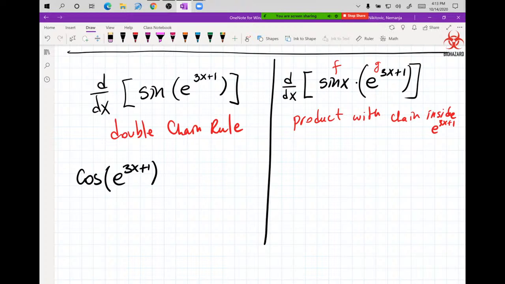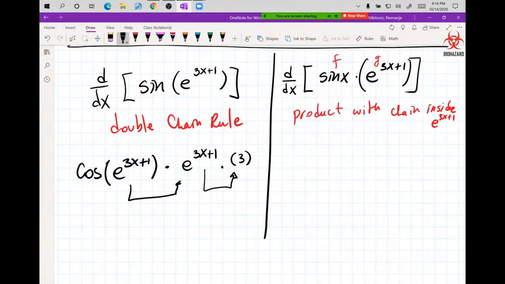So keep the guts of that first function unchanged. Then dig one in. The derivative of e to the x is itself. Keep the guts. And then finally take the derivative of that 3x plus 1, which is 3.